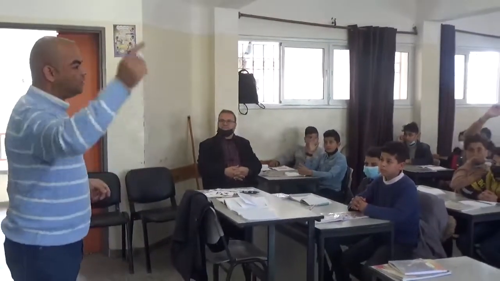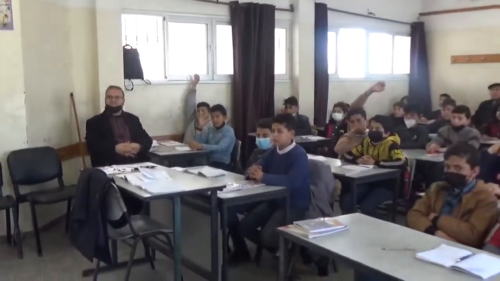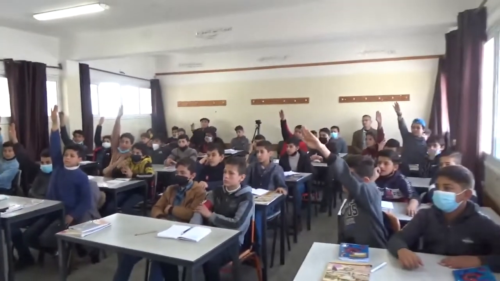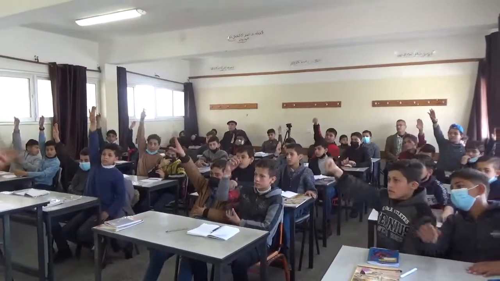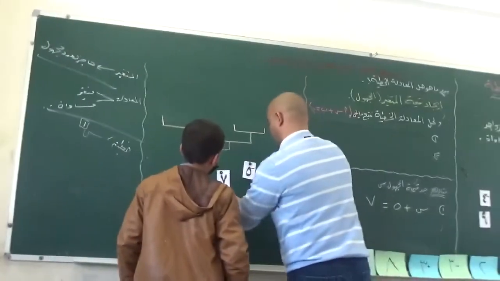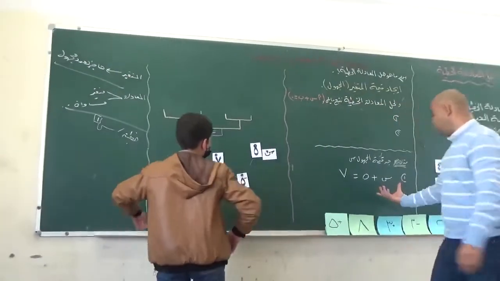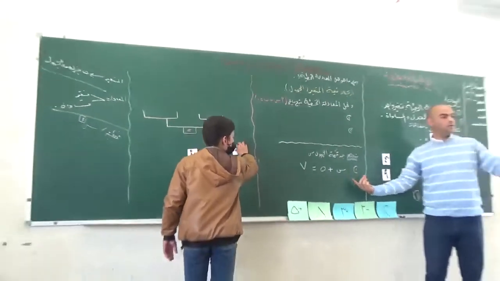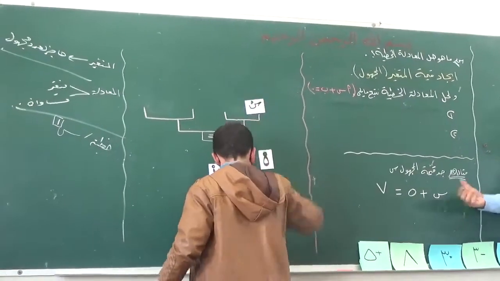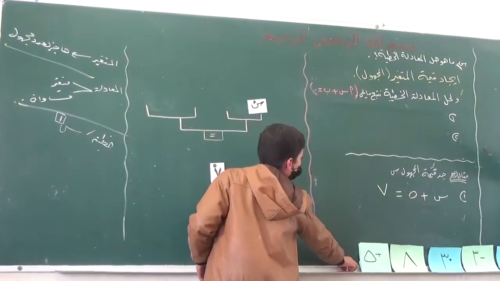Who can help him? I need one of you to come and put the equation on the balance. What do we have on the first side? Student: We have X. Teacher: The balance starts to lean to the right side.